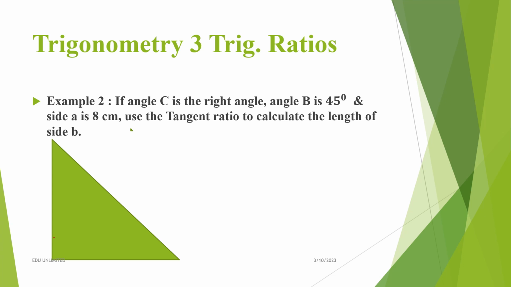So this side is the right angle, and this is vertex C. 45 degrees is the size of angle B, and we label this side vertex B. This is vertex B, this is vertex C, then we have vertex A. So that side A would be 8 centimeters.